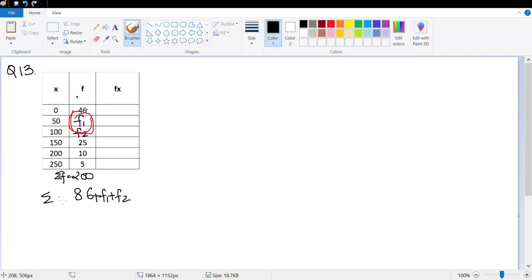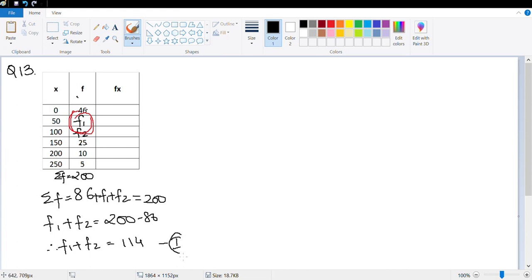So summation f is equal to 86 plus f1 plus f2, which is given equal to 200. Before we move anywhere, let's see what this equation can give me. It gives me f1 plus f2 is equal to 200 minus 86. Therefore, f1 plus f2 is equal to 114. Let's call this my first equation.